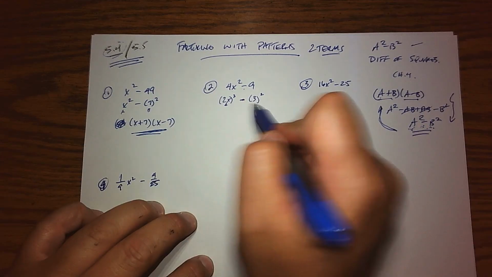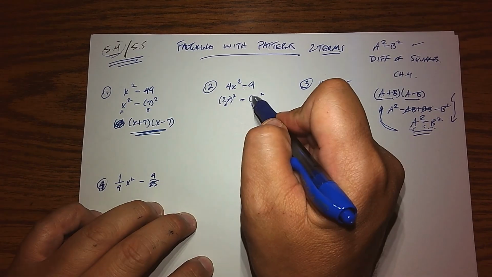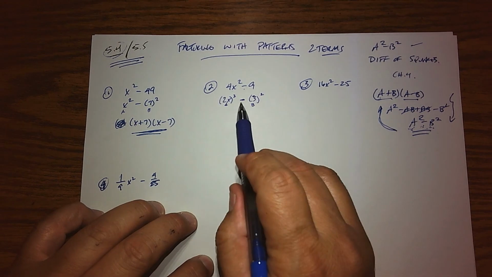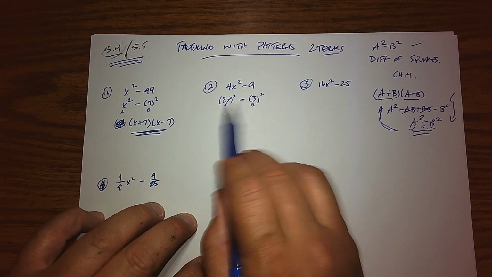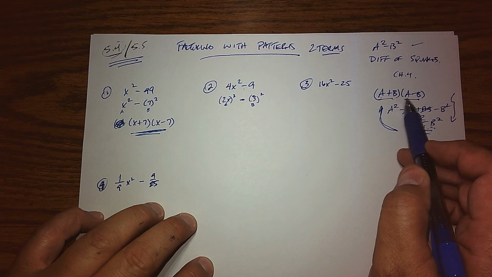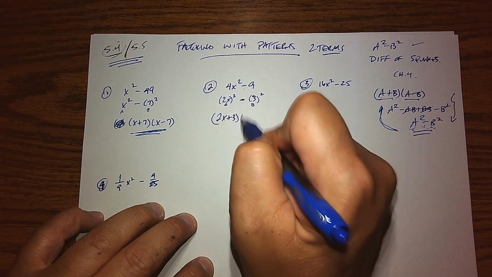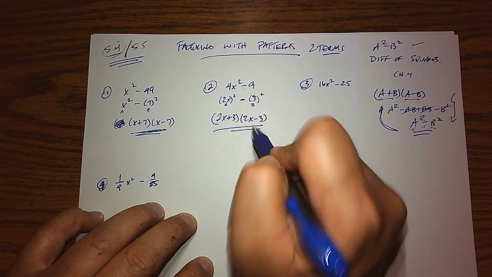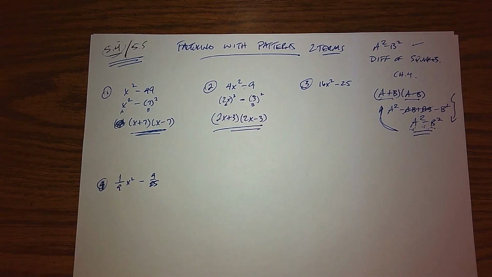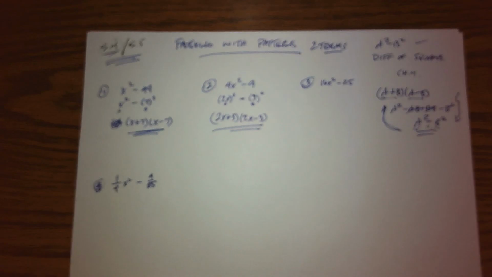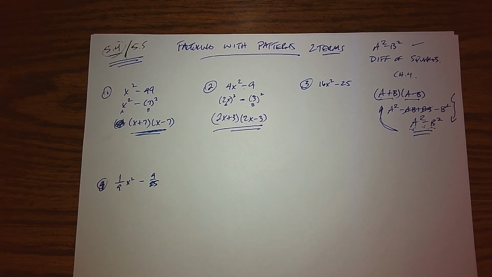So here's your A and here's your B. So we truly have the difference of 2 squares. So what's the pattern? We take the bases and we add them. We take the bases and we subtract them. So we get 2x plus 3, 2x minus 3, and there's your product. We're finished. Move on, next problem. I'll let you guys check that at home by FOILing it out.